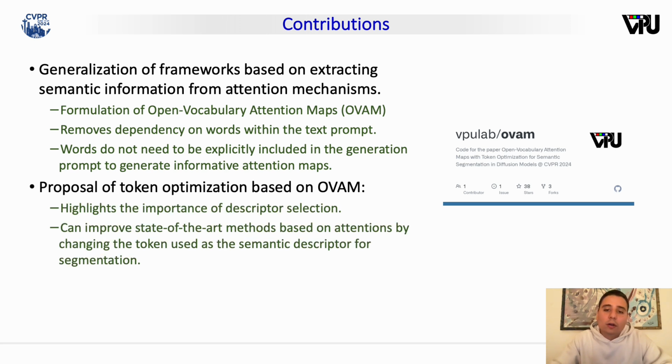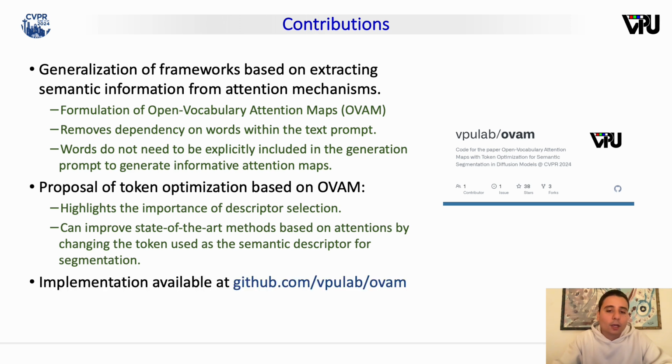Second, our token optimization approach highlights the importance of the semantic descriptor used for generating the attention that describes an object. This allows us to improve the performance of a state-of-the-art method simply by changing the input descriptor. Finally, we provide an implementation in the form of a Python package compatible with different versions of Stable Diffusion.